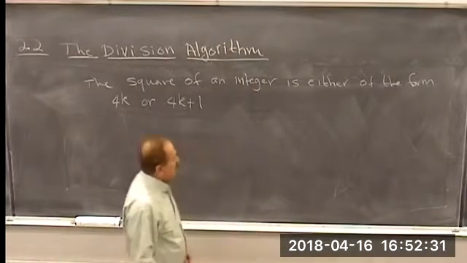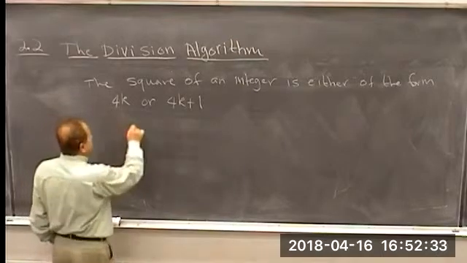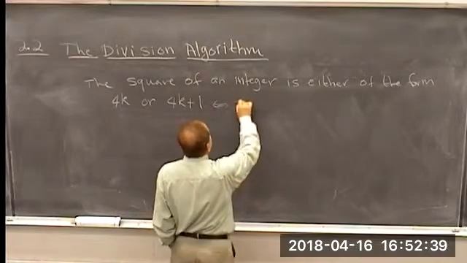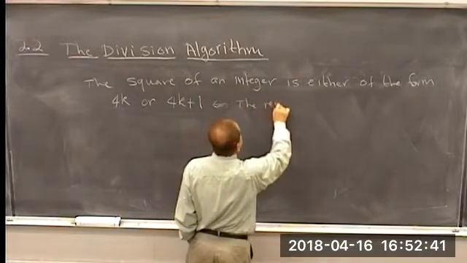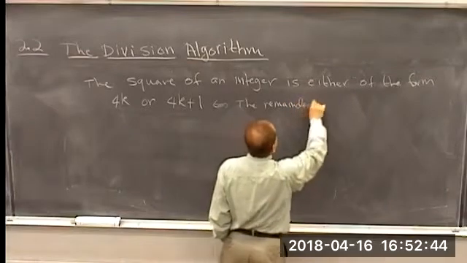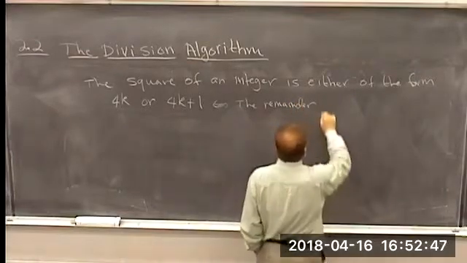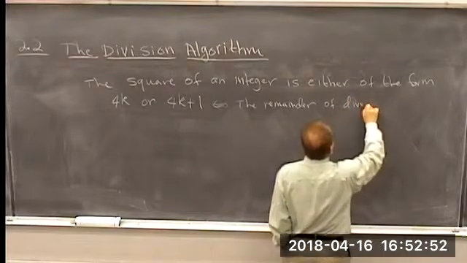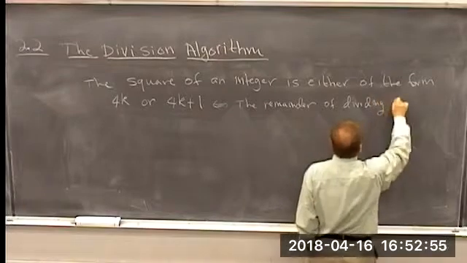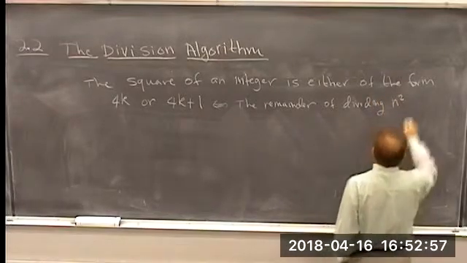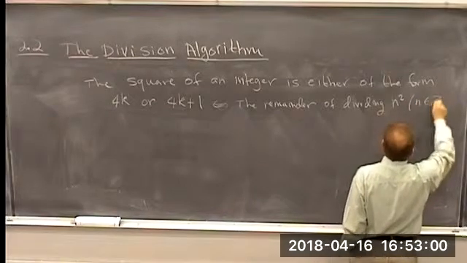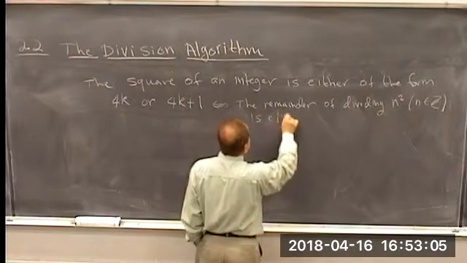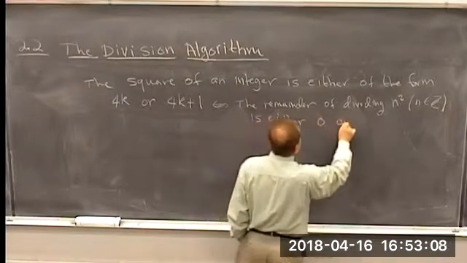Another way of saying this, all right, is that it is equivalent to saying that the remainder of dividing n squared, that's the square of an integer, so n is in Z, is either 0 or 1.